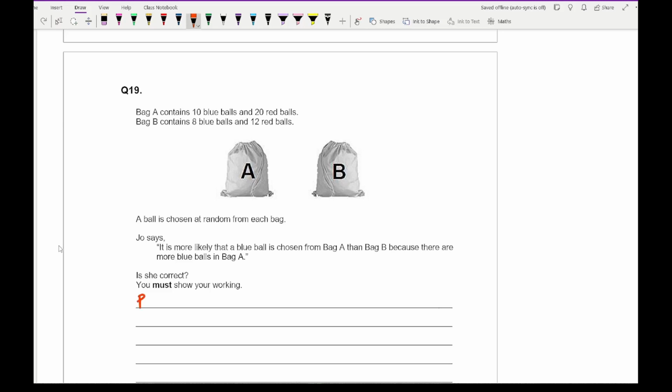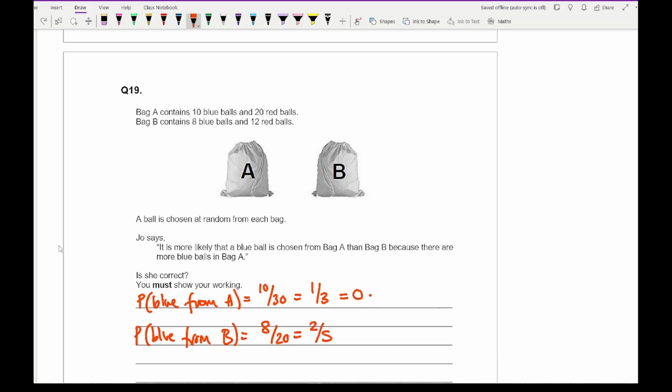Well, blue from A is going to be 10 out of 30, which is 1/3. And the probability of selecting a blue from B is going to be 8 out of 20, which can be simplified by dividing both numbers by 4. So I get 2 out of 5.